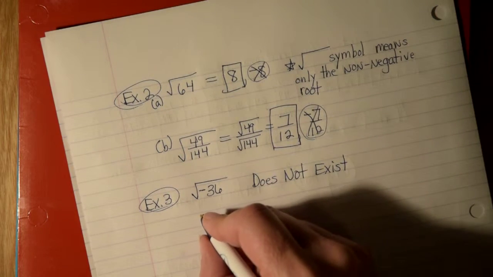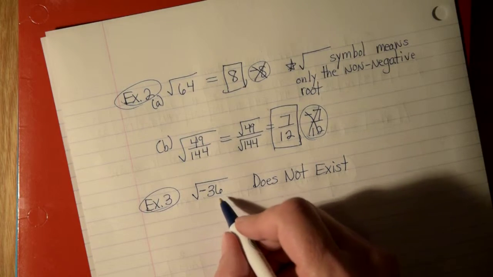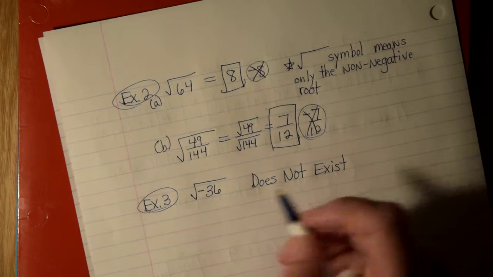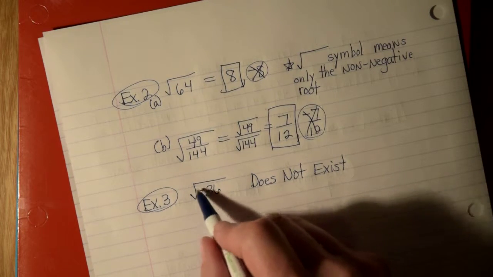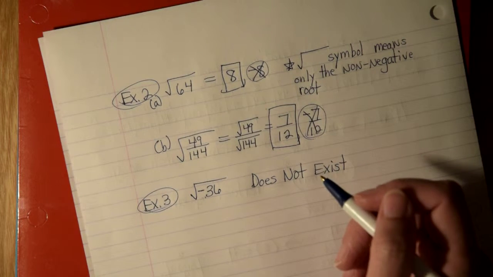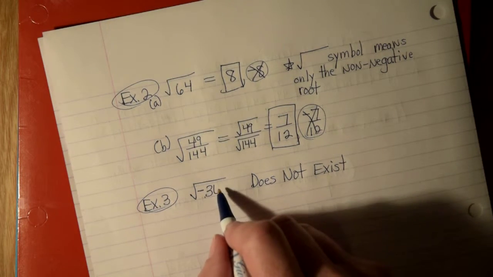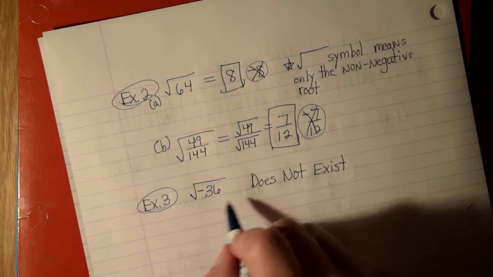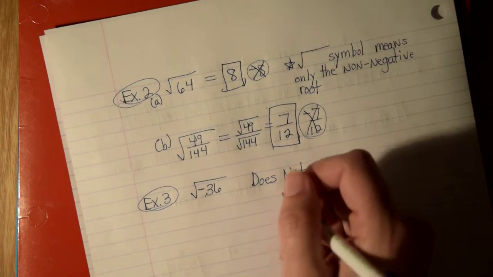And that's because there's no number times itself that can equal a negative 36. Negative 6 times negative 6 would make a positive 36, so that doesn't work. 6 times 6 makes positive 36. And you can't have negative 6 times positive 6 because you're not multiplying a number by itself. Those are two different numbers.